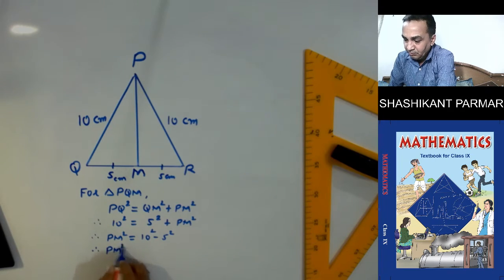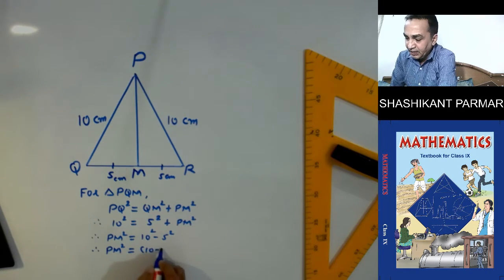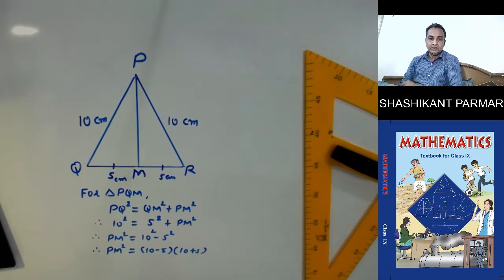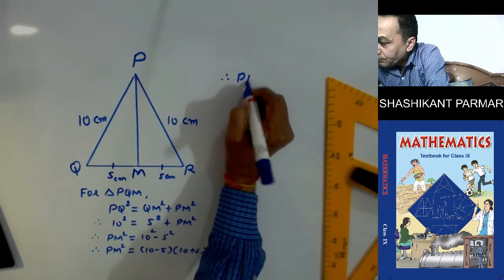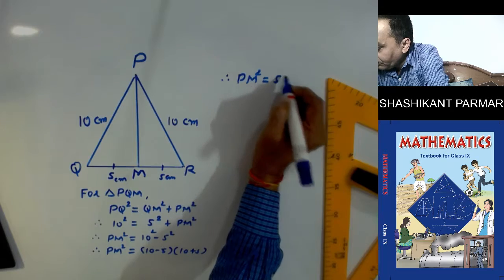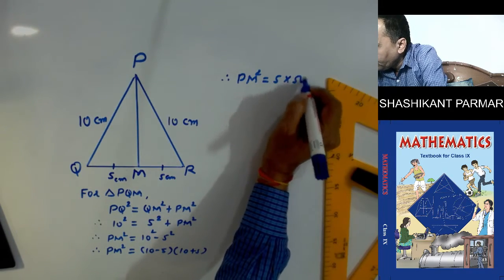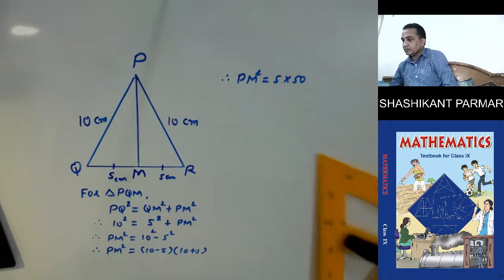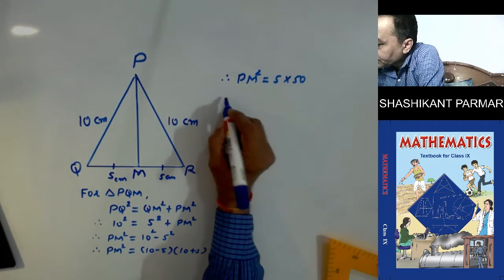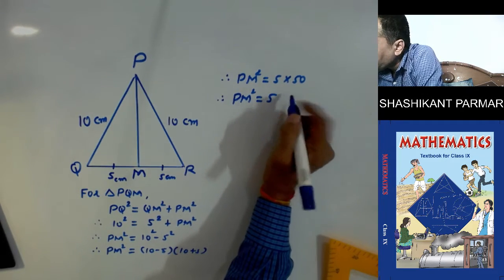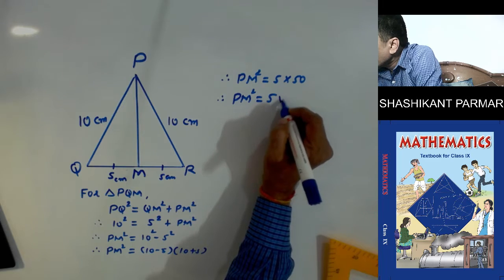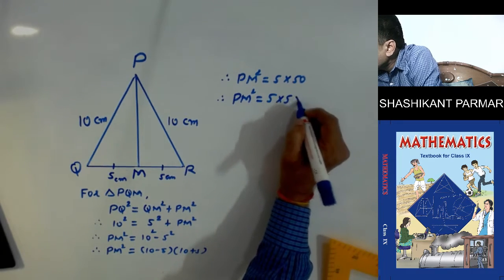Therefore, PM square is equal to (10 minus 5) into (10 plus 5). Sorry, here it is 15, so 5 into 15. So 5 into 5 into 3, which is equal to 5 square into 3.